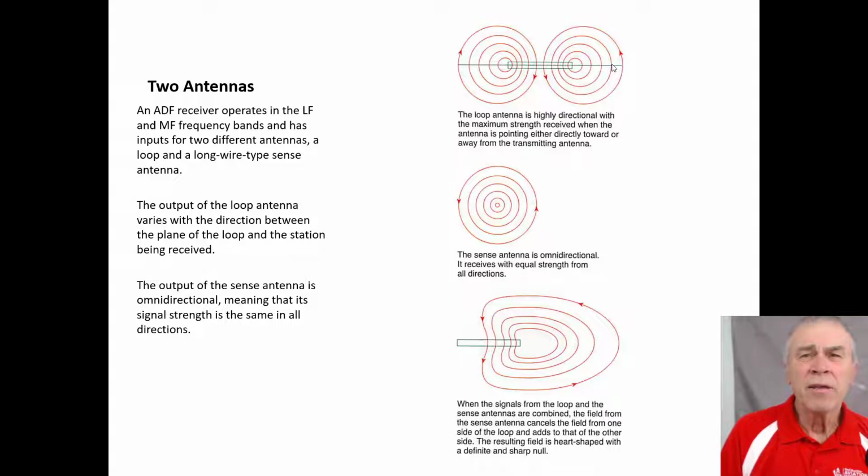So the loop antenna is highly directional, and the maximum strength is received when the antenna is pointing either directly towards or away from the transmitting antenna.